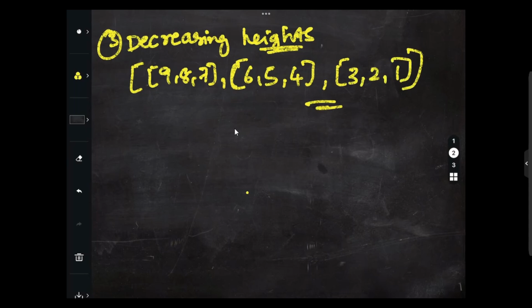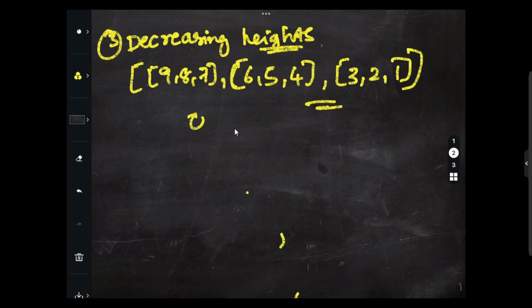So the output will be only border cells here because it is decreasing value. Suppose we consider up, left, down or right, horizontally or vertically, the previous value will always be greater, right? So only the border cells will flow into the Pacific Ocean as well as the Atlantic Ocean. You can visualize it in the same way for the example I showed.